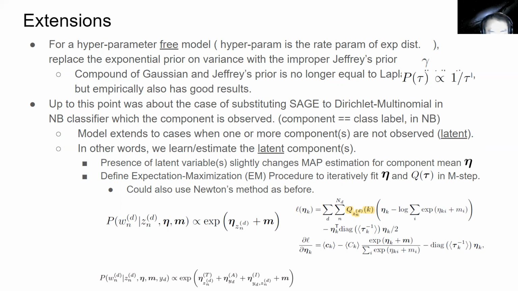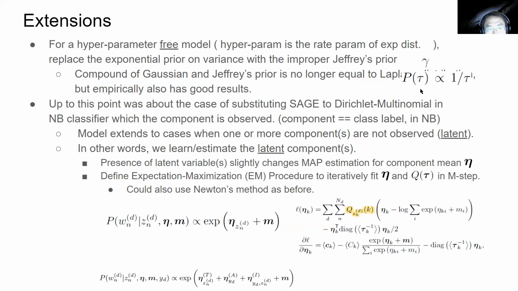Of course, we could do a grid search, but if we could find a way that we don't have to deal with defining the hyperparameter, then it would be better, right? So the hyperparameter in our case was the rate parameter of the exponential distribution. There's a little bit of error in this slide, but basically the gamma over here.